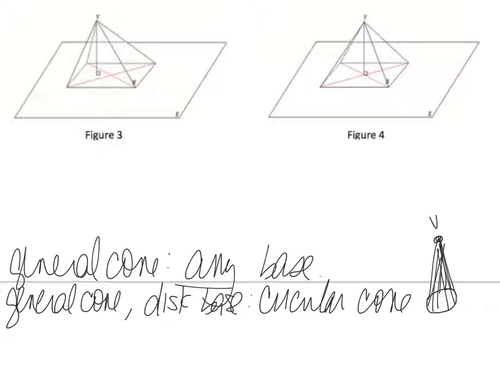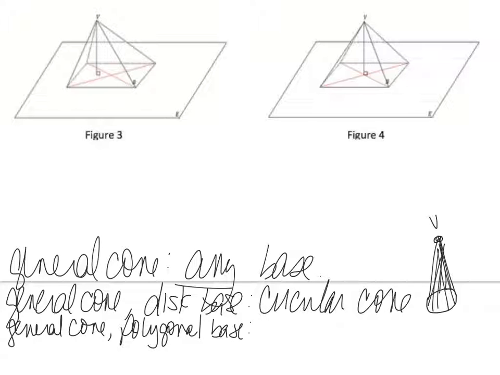A general cone with a polygonal base is called a pyramid. We're getting all the different types of general cones now.